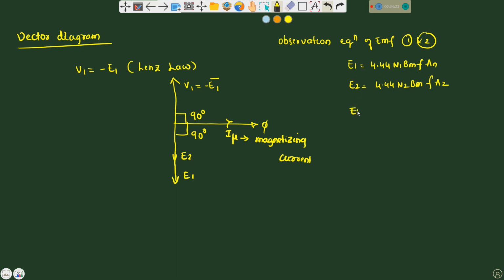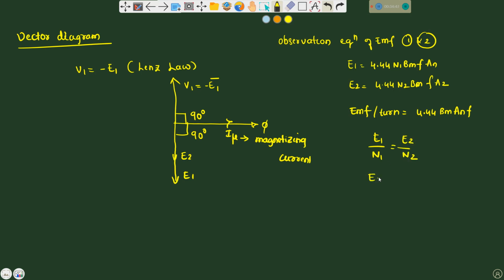So EMF per turn will be 4.44 Bm An F. Okay, so from this we can say that E1 divided by N1 equals E2 divided by N2.